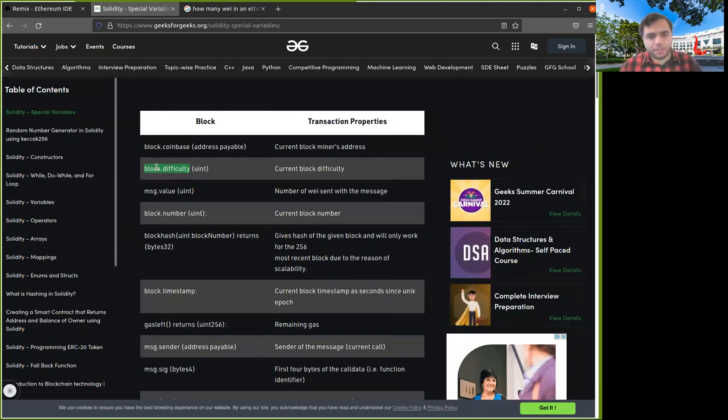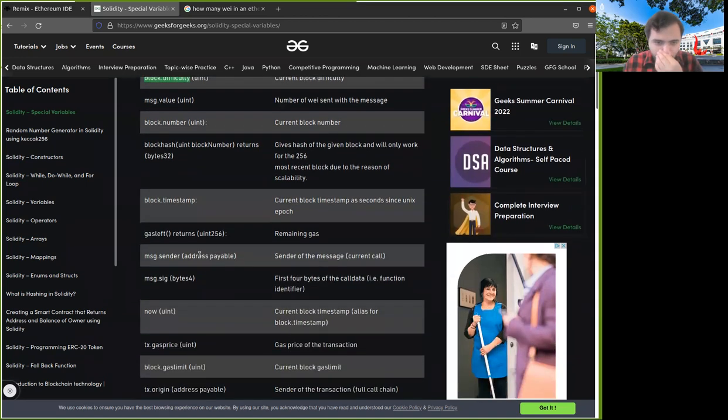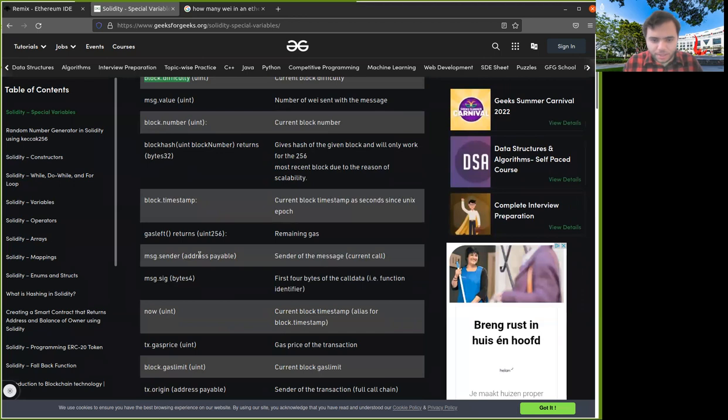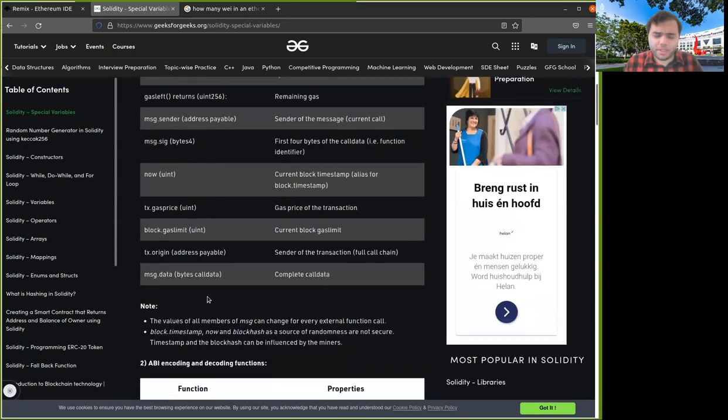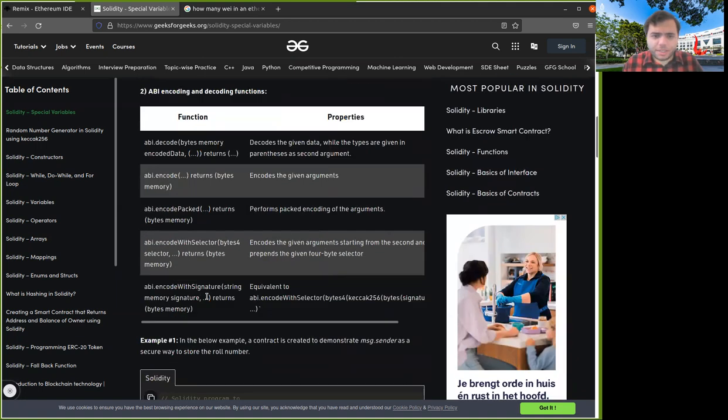So the difficulty of the hash puzzle, the difficulty of the proof of work puzzle that the miner solved. But the problem with this is that it's predictable. So anyone would know what the value is going to be. So this is also not such a great thing. And you can see that there are a lot of other variables here, and actually none of them are great ideas.